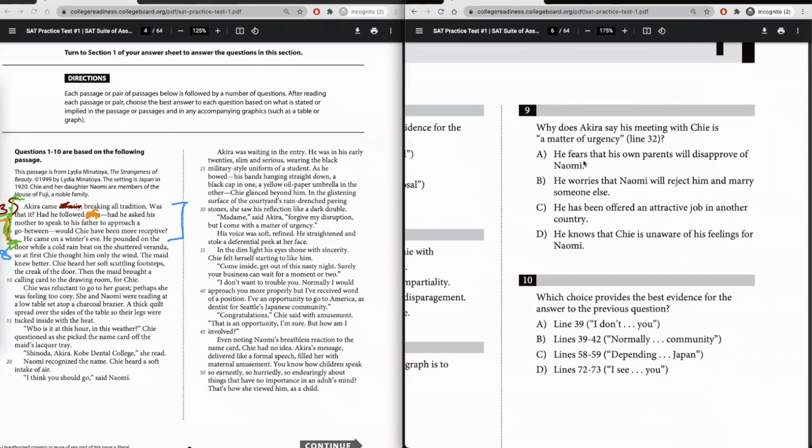So finally, second to finally, I guess, number 9, we have, says his meeting is a matter of urgency, and it gives us a line reference. So I'm going to do 2 things. One, I'm going to underline the words that they refer to, which in this case, line 32. Okay, so this part is important. I'll keep that in mind when I'm reading it, that even if I completely zoned out for the rest of this passage, I should probably wake up again and pay attention because one of my questions is going to come from that.